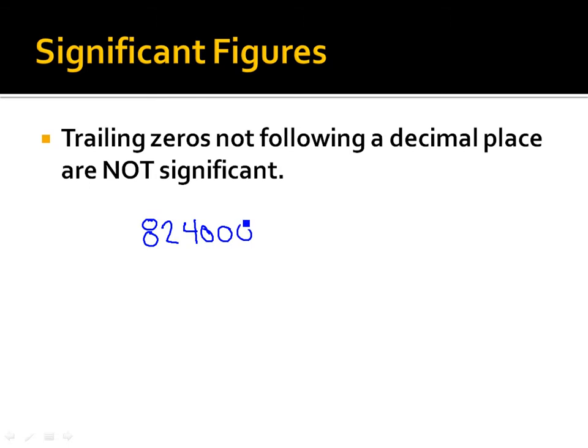We have 3 non-zero digits that we know are significant, and then we have 3 zeros, but we have no decimal place present. Therefore, these 3 zeros are not significant. So we would have 3 significant figures.